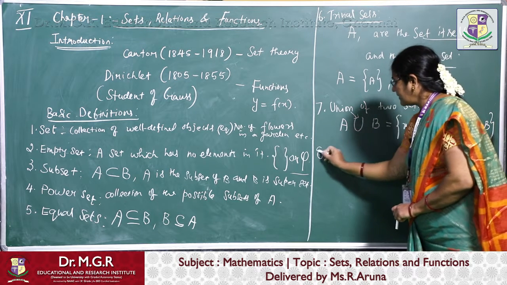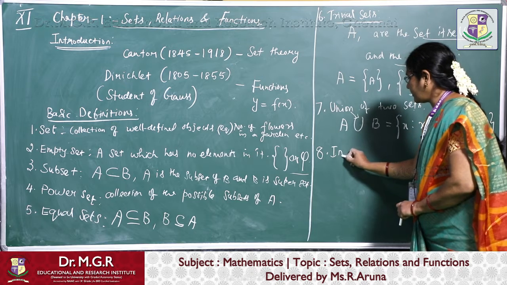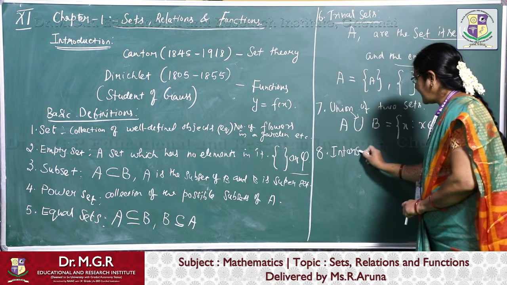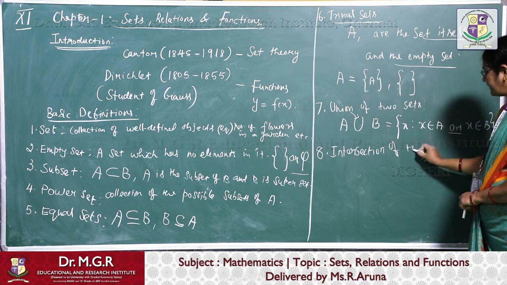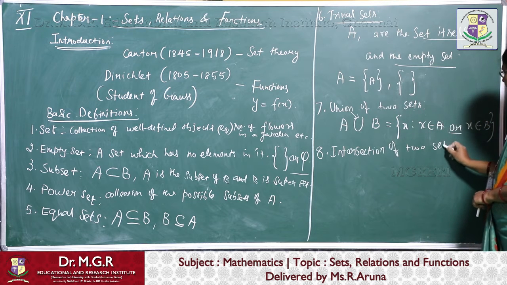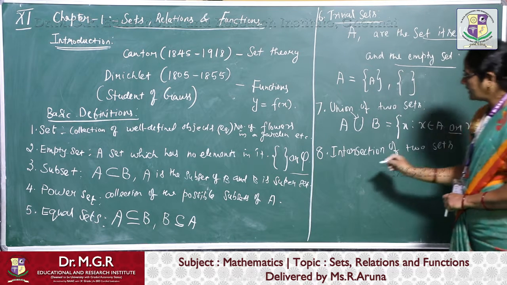Next one is what? It is nothing but the intersection of two sets. Here also we need two sets to define the intersection.